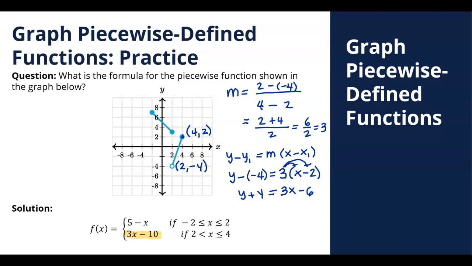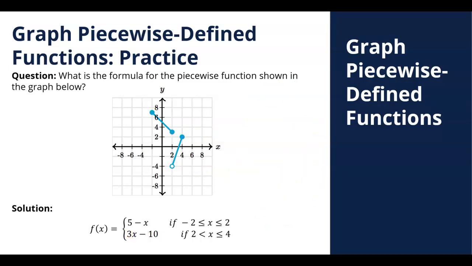And then we subtract 4 on this side of the equation to obtain y. So you do it also on this side here. Therefore, you have y is equal to 3x minus 10. Negative 6 minus 4 is minus 10. So that is how you obtain the given expression here.